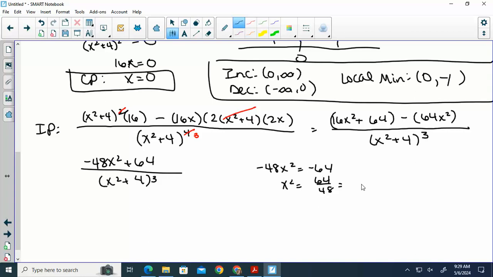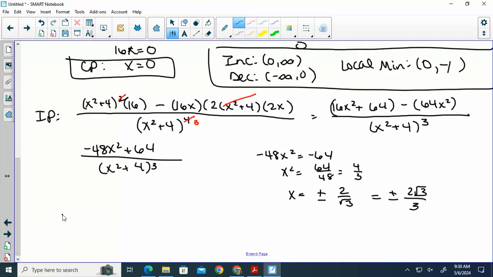That can reduce. We divide them by 16, 4/3. So square root, plus or minus 2 over the square root of 3, or plus or minus 2 radical 3 over 3. So we have 2 inflection points.